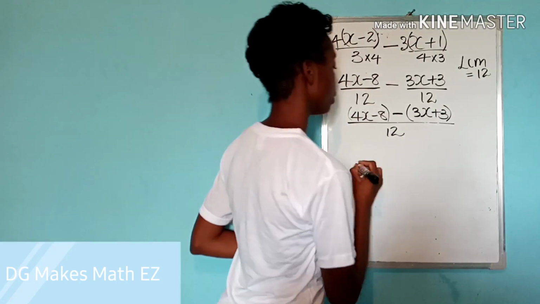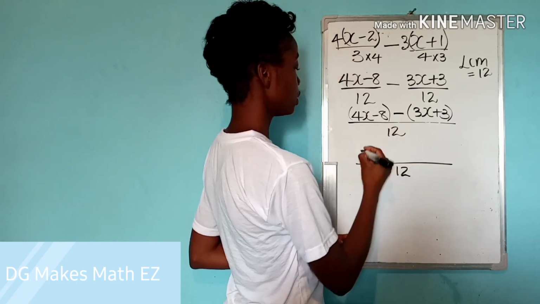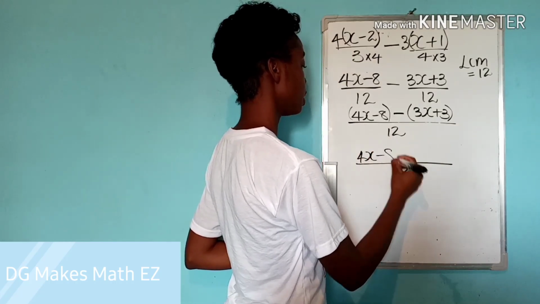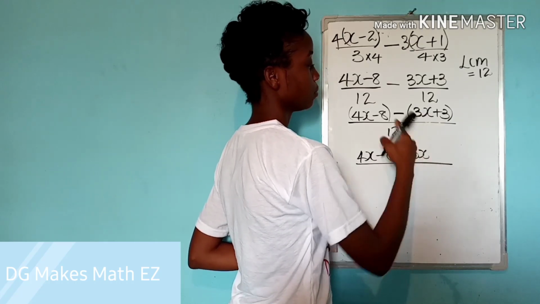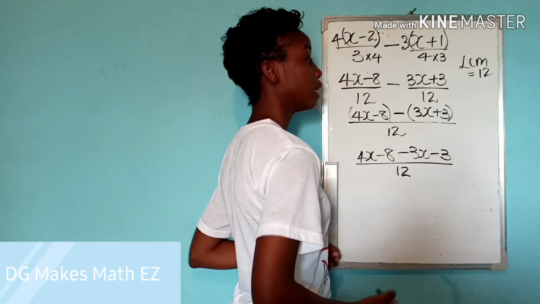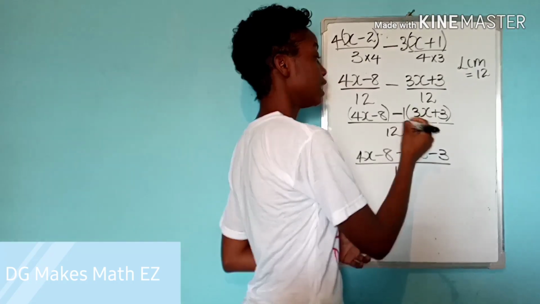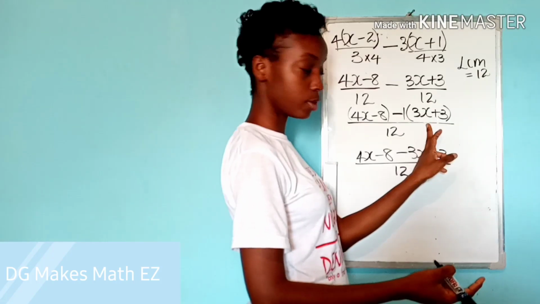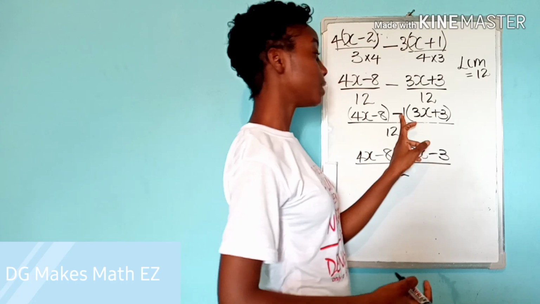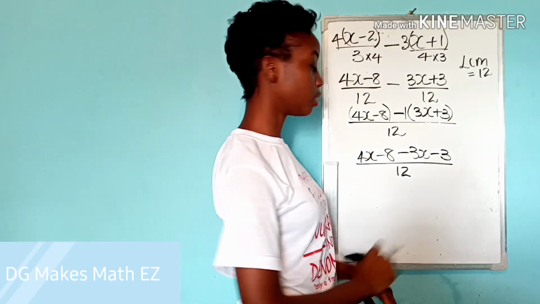All right, so here we go. So this is 4x minus 8 minus 3x minus 3. All right? And just so we are clear, it's as if you have a negative 1 here being multiplied by what's in the bracket. So negative 1 times the 3x gives you negative 3x. Negative 1 times 3 gives you negative 3. All right? Just to ensure we're on the same page.